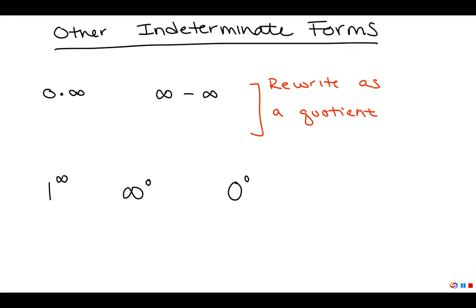L'Hopital's rule only works when we have those fractions, 0 over 0 or infinity over infinity. The ones that have exponents in them, the bottom 3, our strategy is going to involve taking the natural log of both sides, and I'll explain that in more detail when I get to an example.